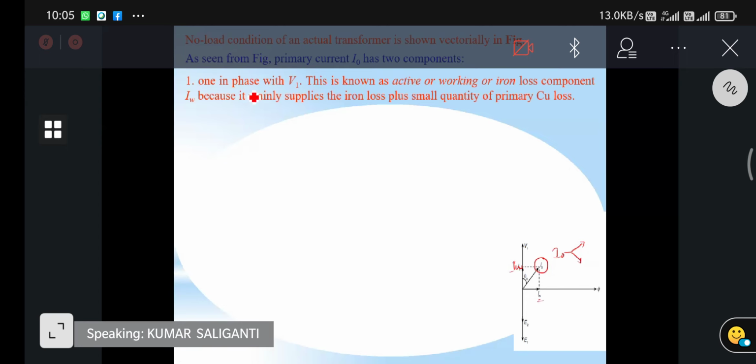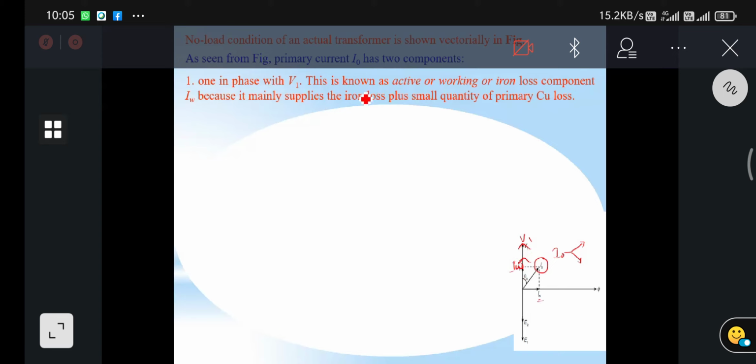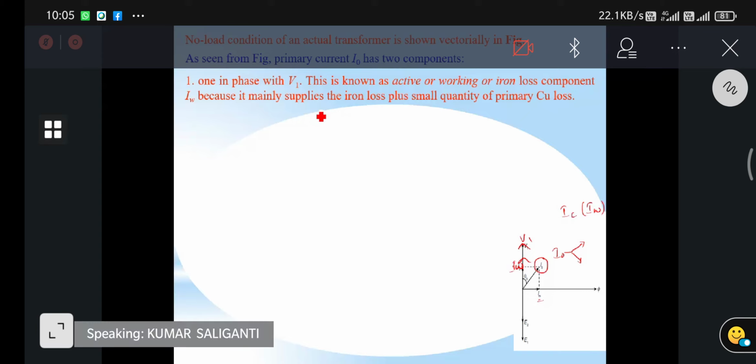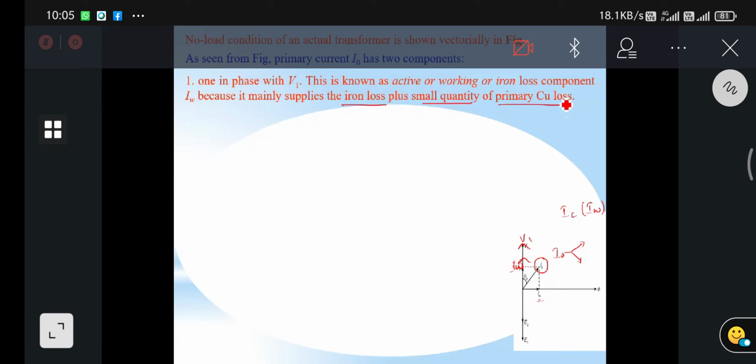The first one is in phase with V1, because both are in the same direction. This is known as the active or working or iron loss component. That is represented by IW, in some books given as IC. It is the working component because it mainly supplies the iron losses plus a small quantity of primary copper loss.